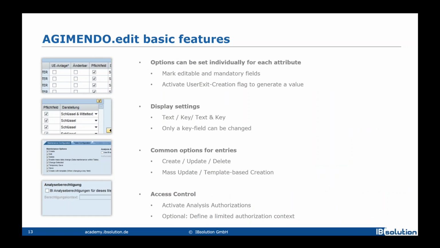For each field, for each attribute, there are multiple options to set it editable or not, or mandatory or not. There is also the possibility to automatically generate a value through a UserExit, so that when we create a new line, some fields are already filled.